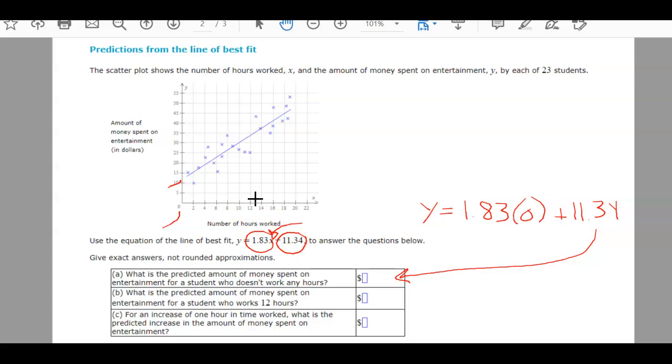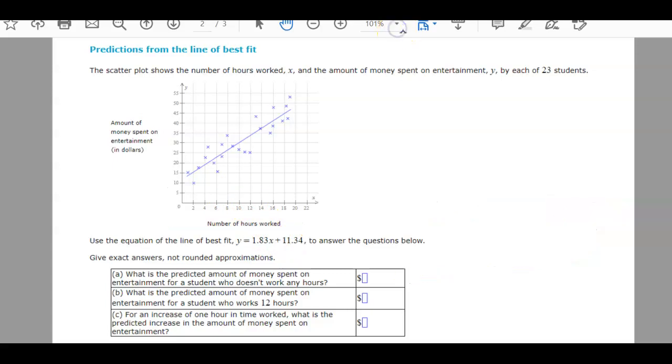Okay, let's go ahead and take a look at problem number 2. Now we're going to use the exact same equation. This time here, what they want me to do is they want me to predict how much for 12 hours. So let's just go ahead and say y is going to be equal to 1.83 times 12 plus 11.34.